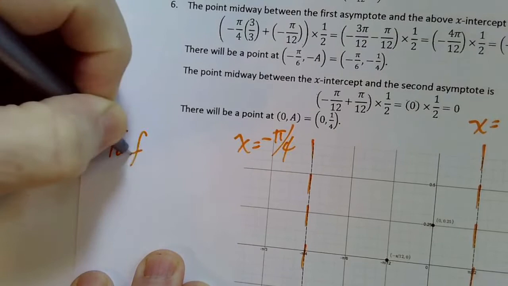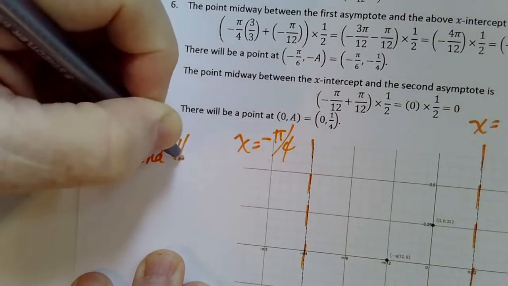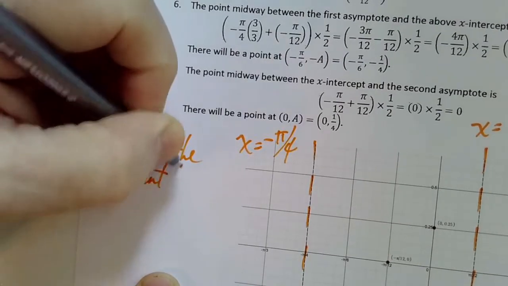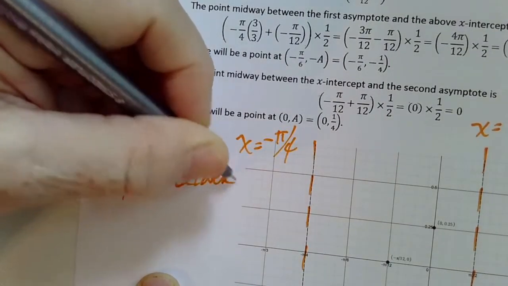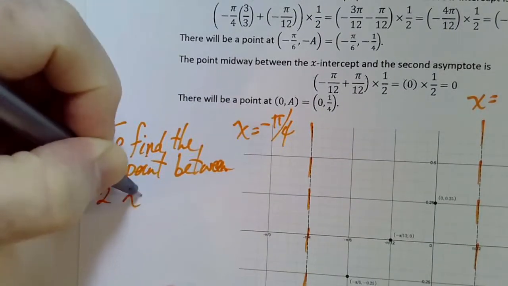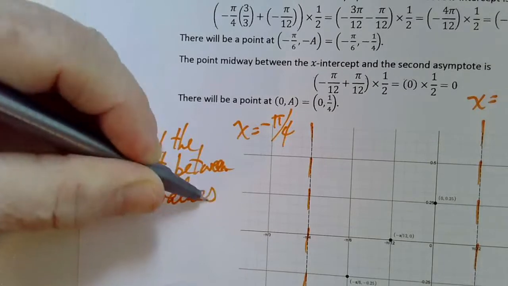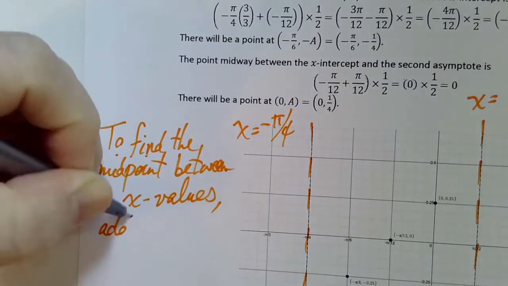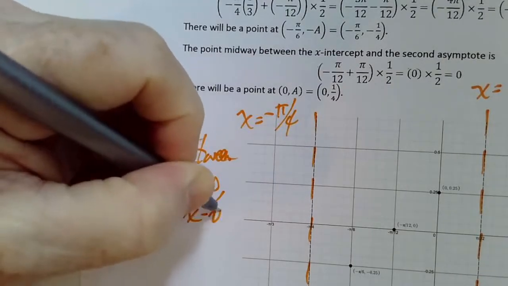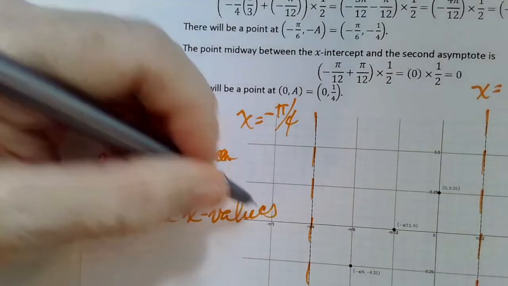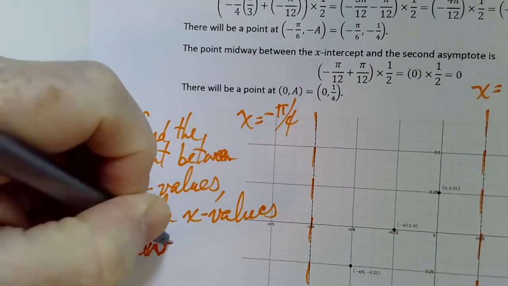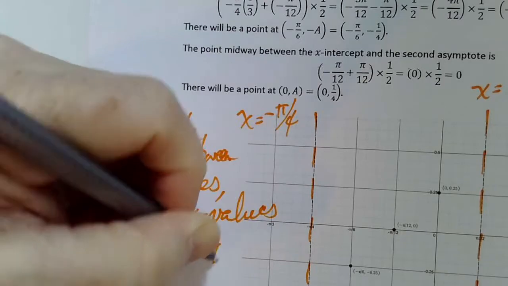To find the midpoint between two x values, add the x values and divide by 2.